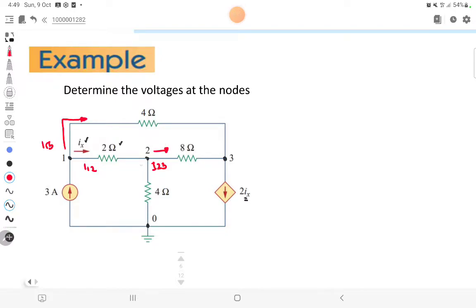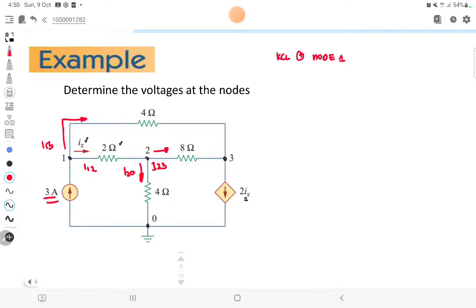And of course, you have another current, my I20, from V2 to 0 potential. Now, the current source of 3 ampere was already given, and the current I30 is already given as 2Ix. So the next thing we do now is to take our KCL at node 1.